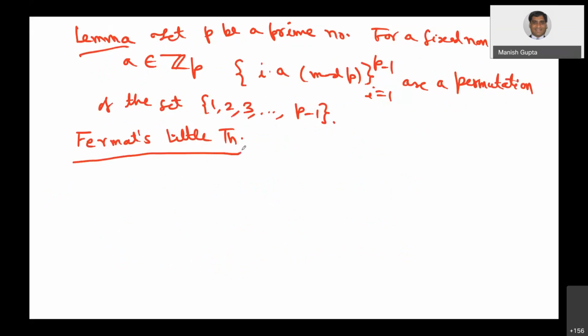It's a beautiful theorem. Fermat has given many interesting results. One of them was Fermat's last theorem, which required a 1000 page proof.